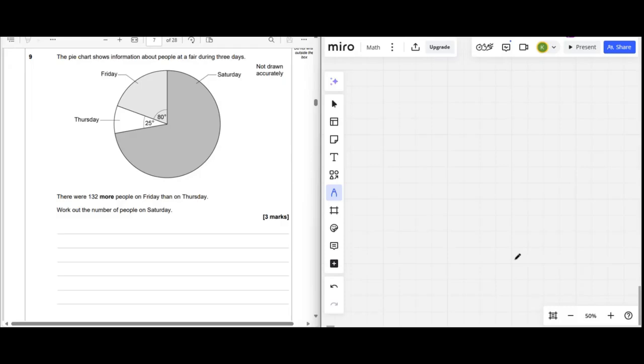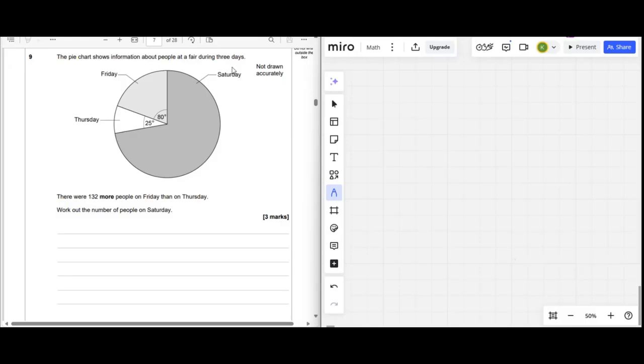The pie chart shows information about people at a fair during 3 days: Thursday, Friday, Saturday. There were 132 more people on Friday than on Thursday. Work out the number of people on Saturday.